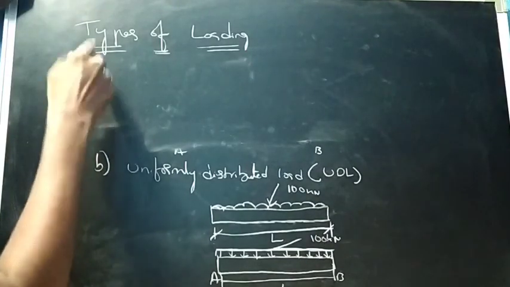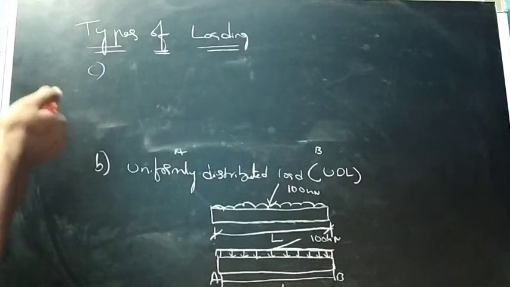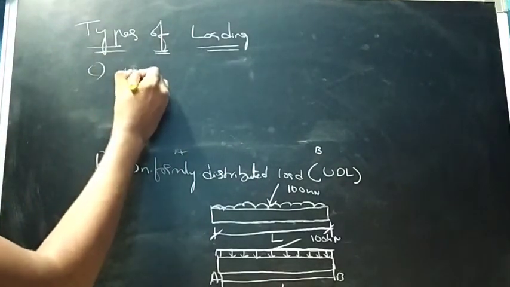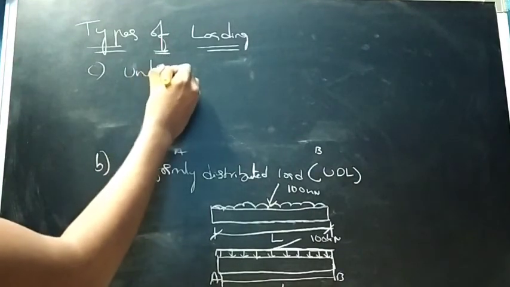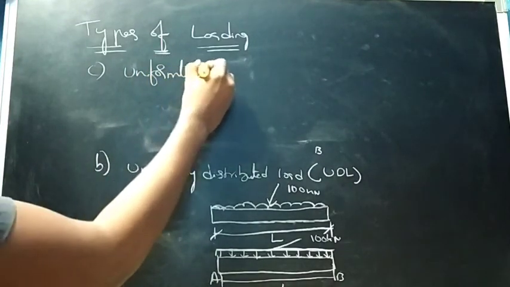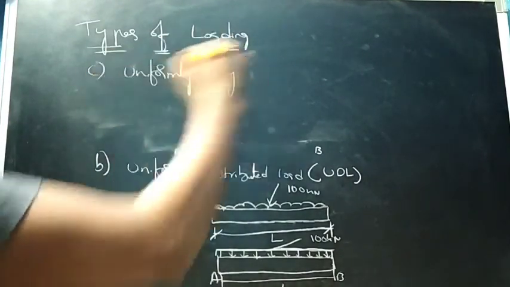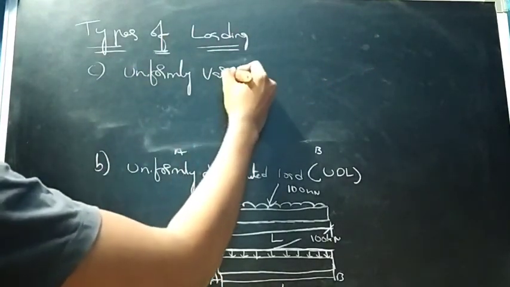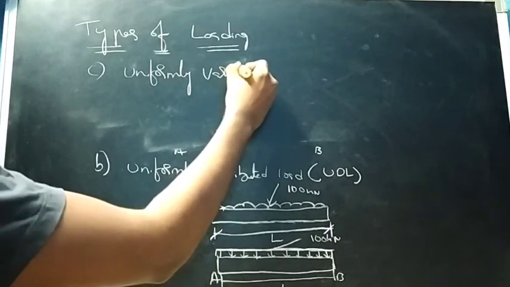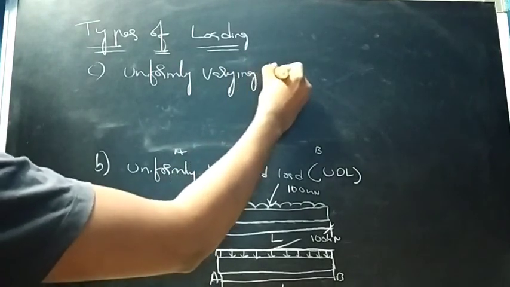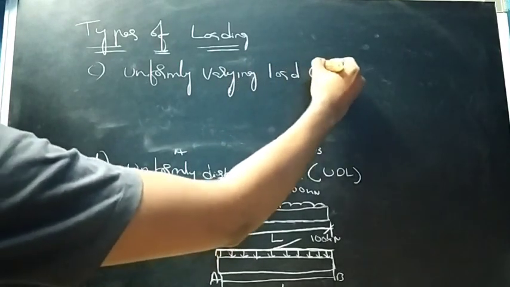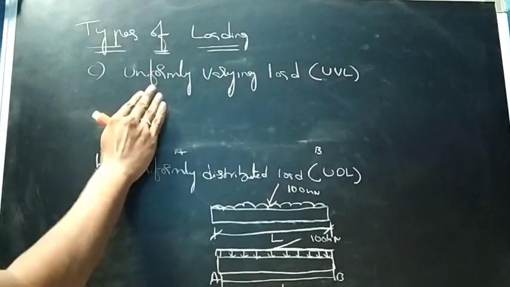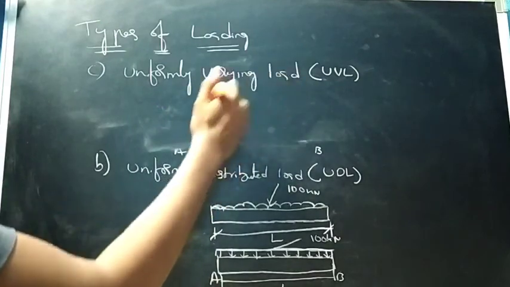C, uniformly varying load, that is uniformly varying. That means throughout the length the variation will be there, the load will vary at each point, right? So we call it as UVL. UVL stands for uniformly varying load.